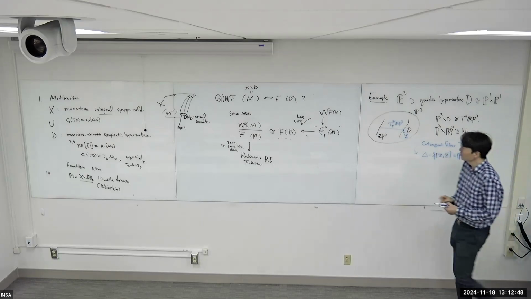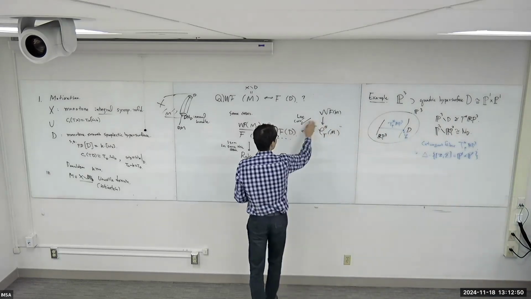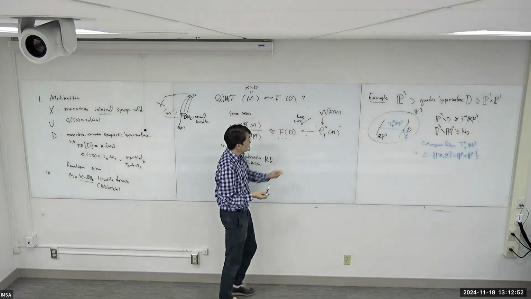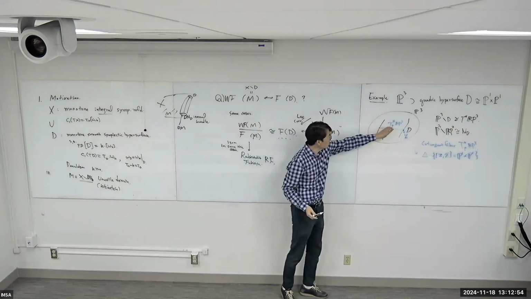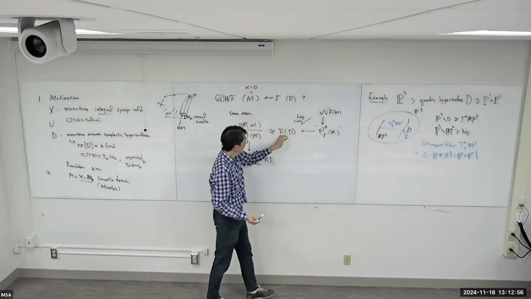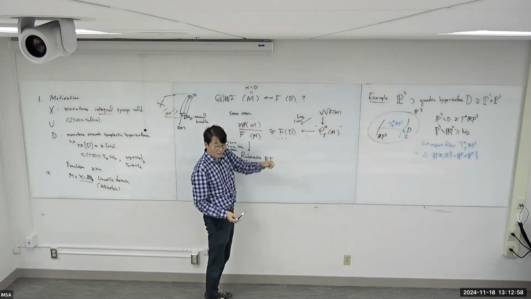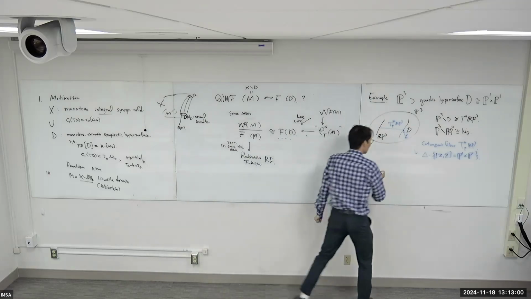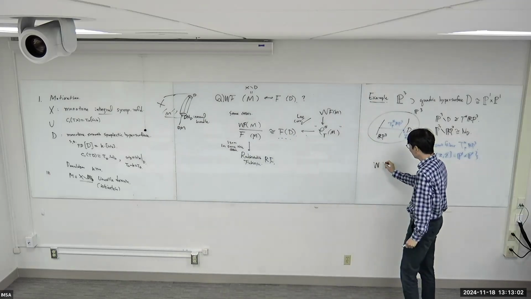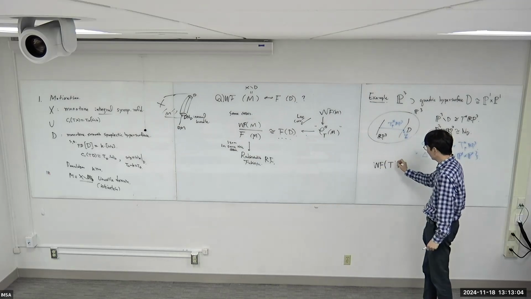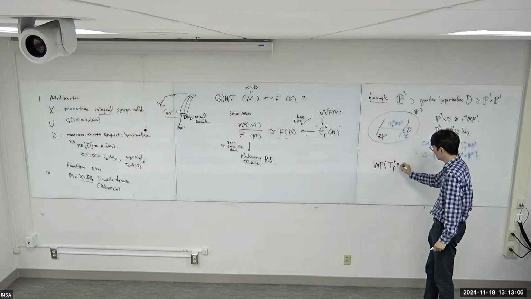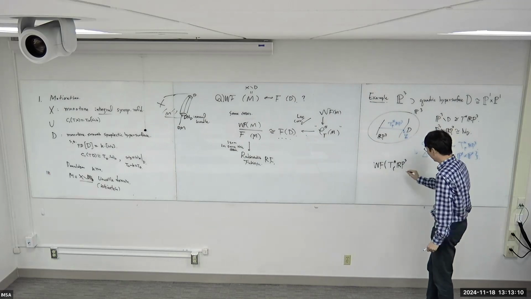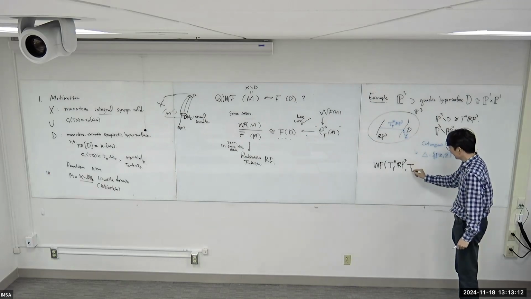So now the relation is: we are comparing the wrapped Floer homology of this cotangent fiber in T star RP3 with the Floer homology of this anti-diagonal. This is the correct one.